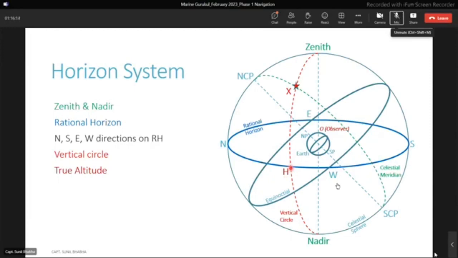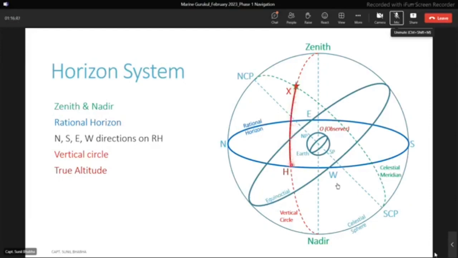Now if you measure the arc of the vertical circle contained between the rational horizon and the center of the celestial body, it is known as its true altitude. Let me highlight this in the diagram.